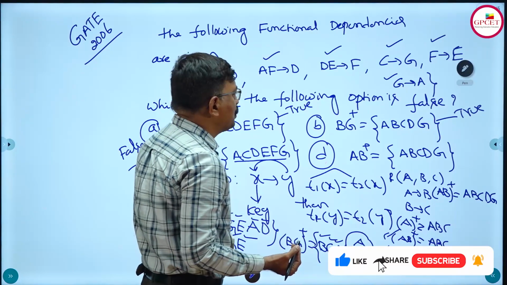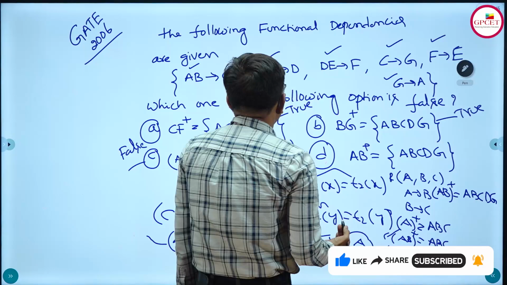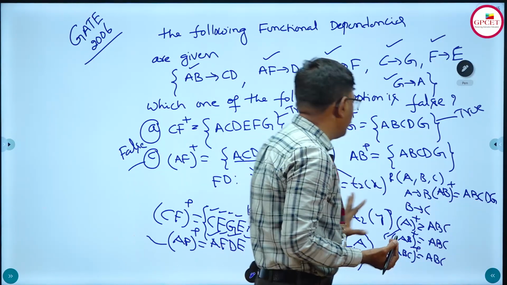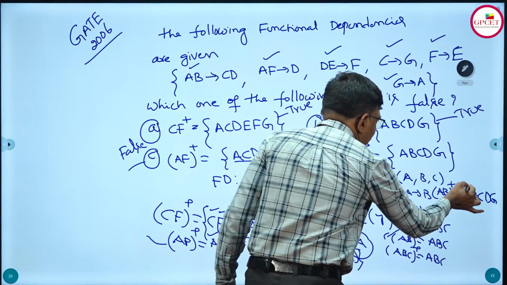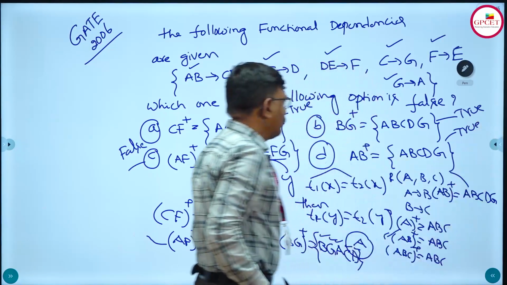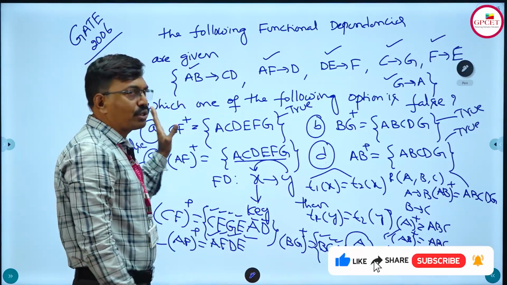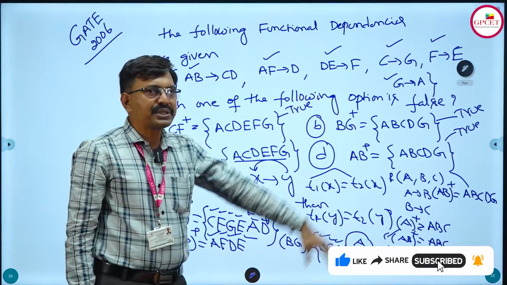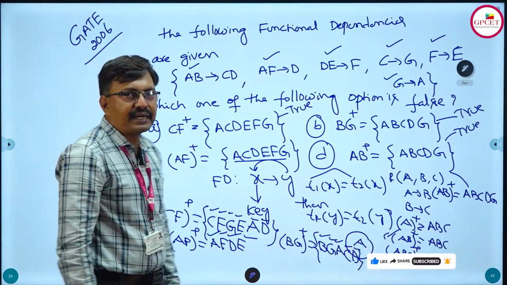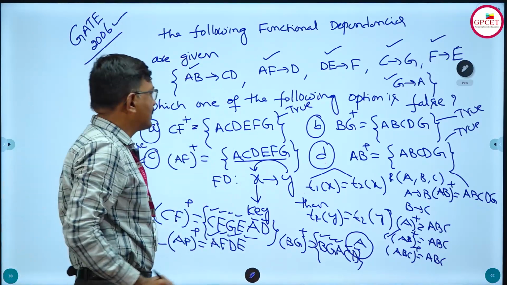And C tends to G. Observe here, A, B, C, D, G. You can get the original relation. That's why this option is also true. So A is true, B is true, and D is true. But according to our question, which one of the following options is false? That is the AF closure. C option is the correct answer. That is GATE 2006.